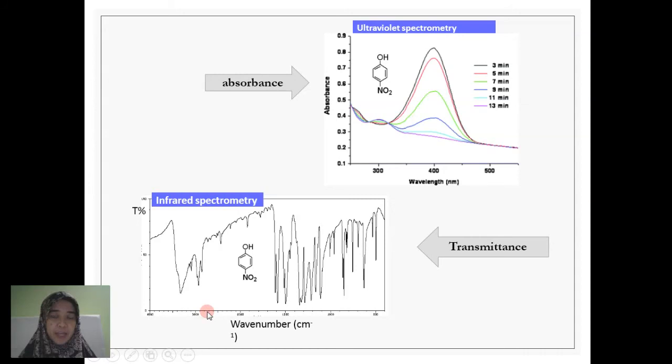Usually the UV spectrometer will show the absorbance result, but we can set the equipment to give either transmittance or absorbance. The same goes for infrared spectrometry.